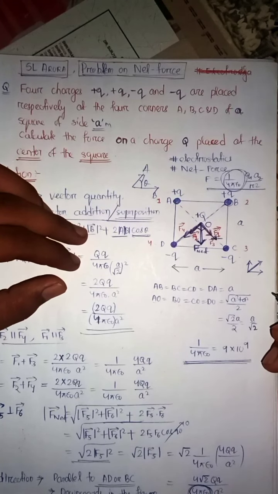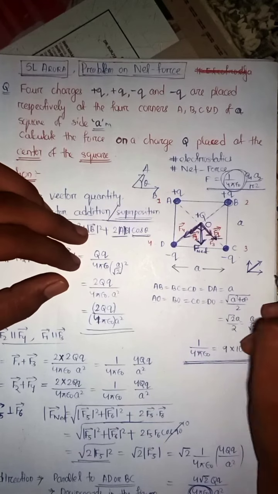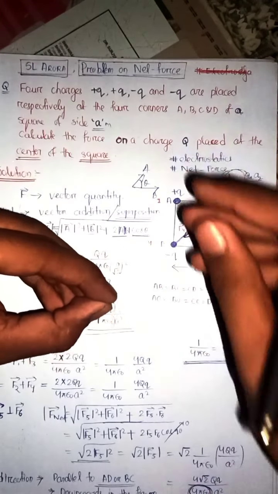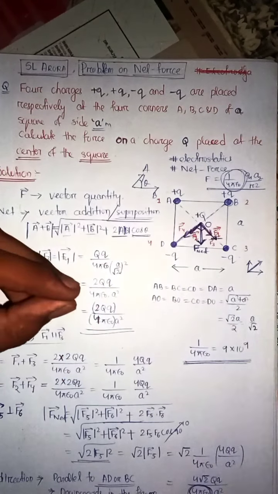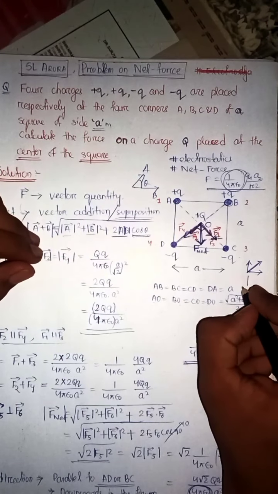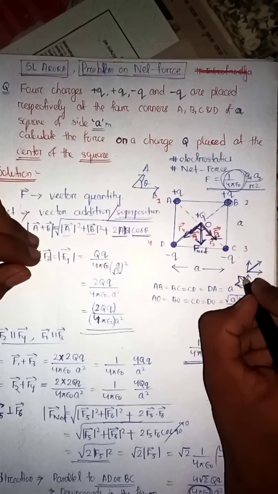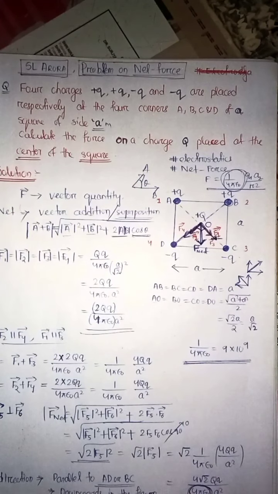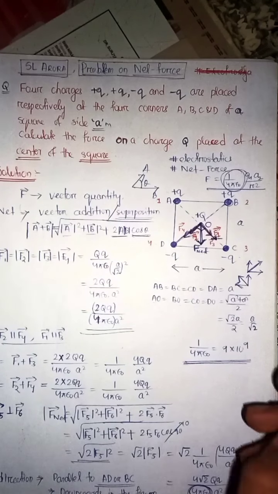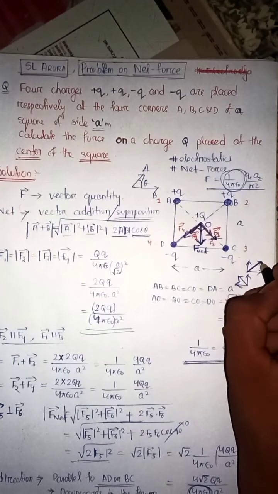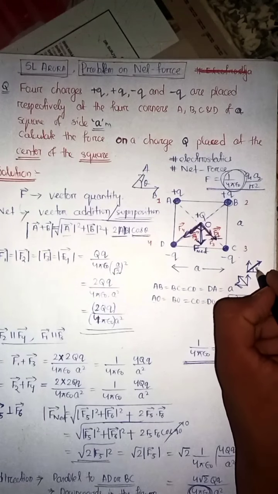How am I saying that? Because if you are pulling something like this, the net force will be in this direction. But if the force is like this, it will be in this direction. So always the resultant force lies in between the two vectors. Always. If 90 degrees, it will be just in the middle, that is at 45 degrees.